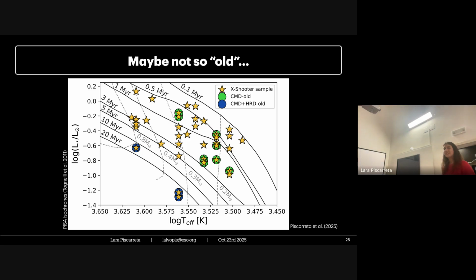Another possibility is that they might indeed be old accretors. In this case, it would mean that the disk would have been somehow replenished with material so that they can still sustain accretion at these older ages. One thing that has been coming up in the literature a lot is what we call late-stage infall.